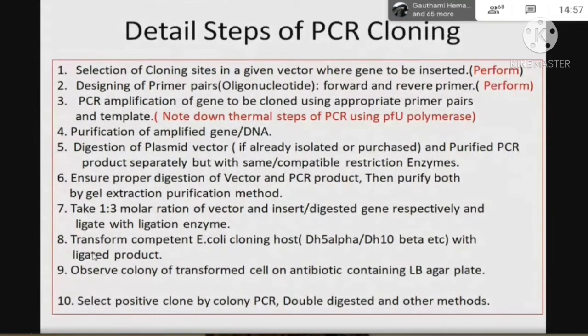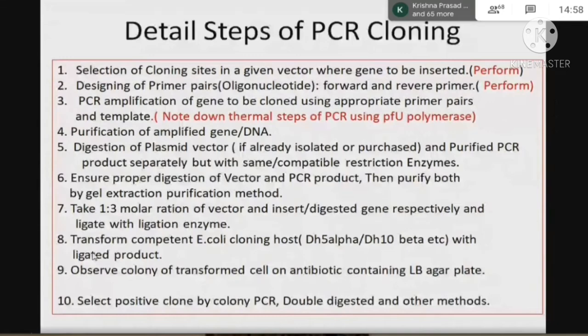For digestion, also there are protocols. You have to search whether you should perform double digestion or sequential digestion. Depending upon it, suppose BamHI and HindIII you have taken for digestion. Whether both enzymes are optimally working in the same buffer or a different buffer.